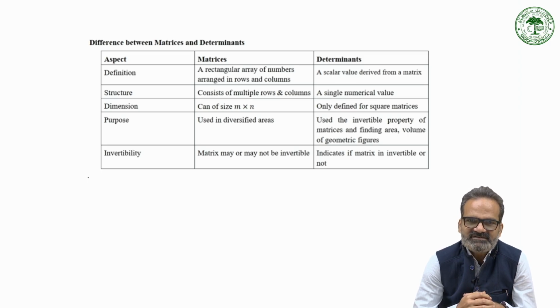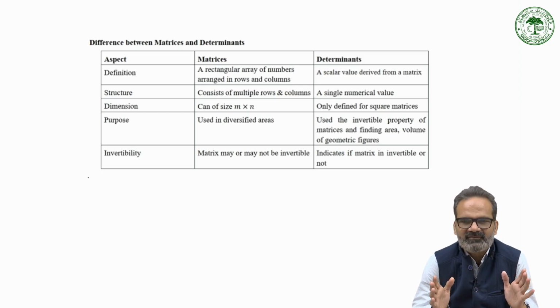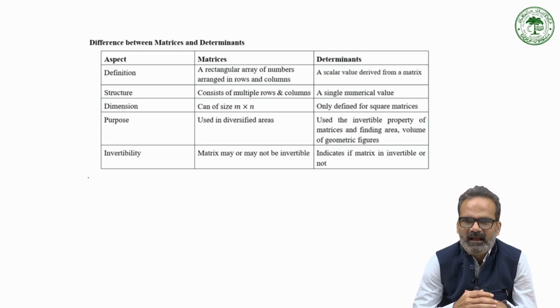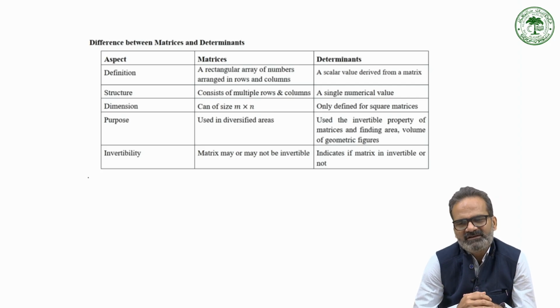Purpose, use in diversified areas. A number of areas are there where matrices are used, and determinants are used to characterize the invertible property of matrices, whether the matrix is invertible or not, and can also be used in finding area and volume of various geometric figures.